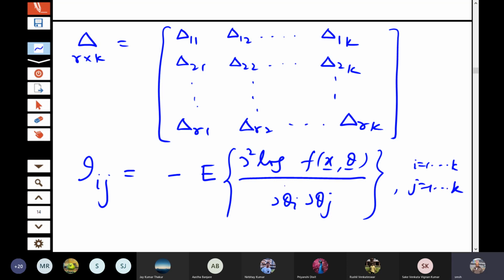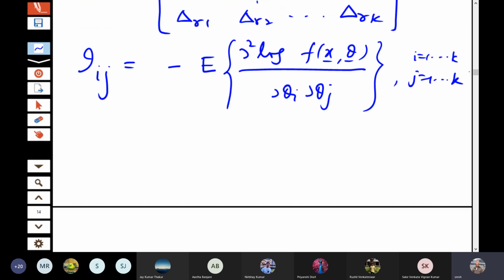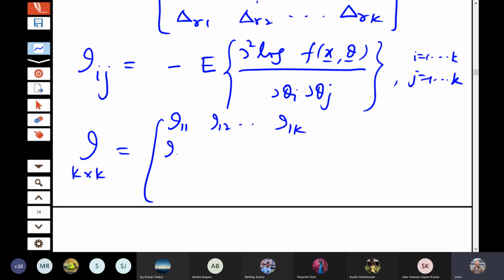When i is equal to j, this becomes the square term, that is the usual information term. So I is k by k. This is the matrix of these terms, I11, I12, I1k, I21, which is the same as I12, and so on. So this is the information matrix.